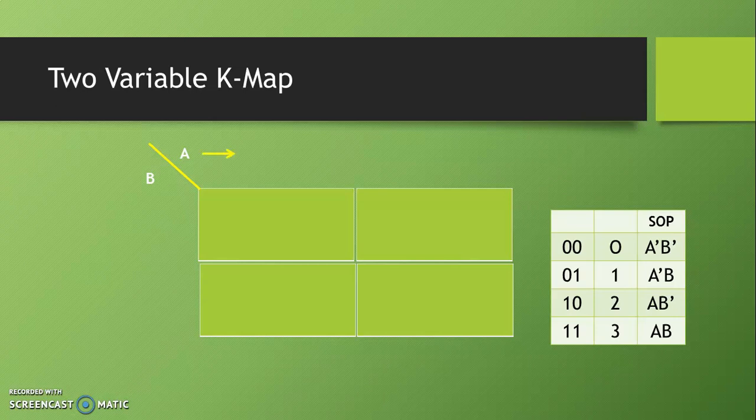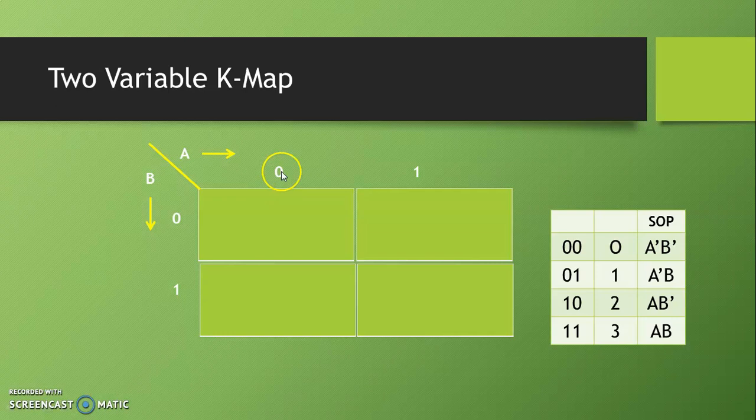So on the horizontal side, we have values of A. It can be either 0 or 1. Same way, on the vertical side, we have values of B. So it is also either 0 or 1. As I said, 0 is complemented and 1 is uncomplemented.